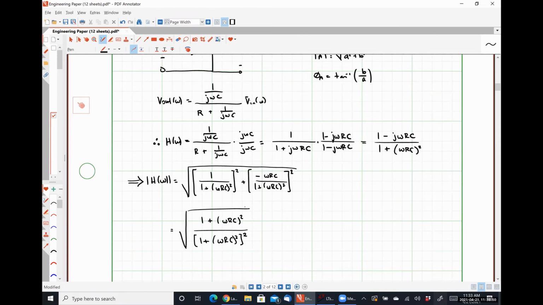Everybody okay with this? All right. So I can see that my denominator is just my numerator squared, so I can cancel this out. And what I find is that my frequency response is just 1 over the square root of 1 plus omega RC quantity squared.